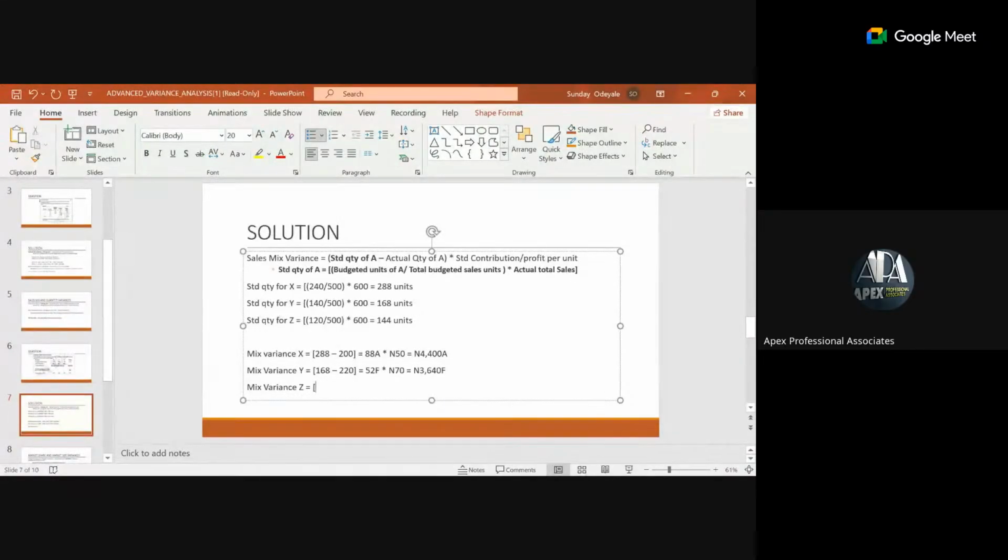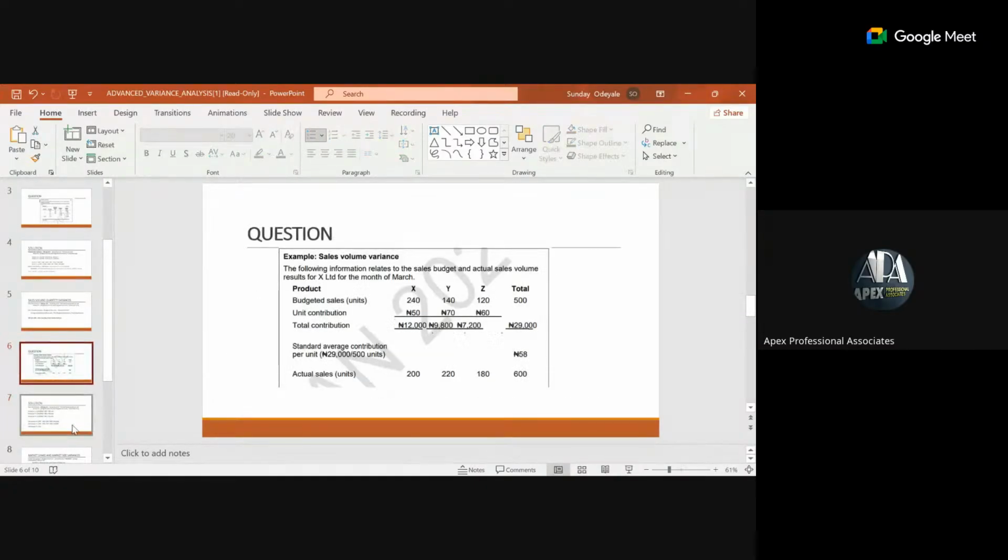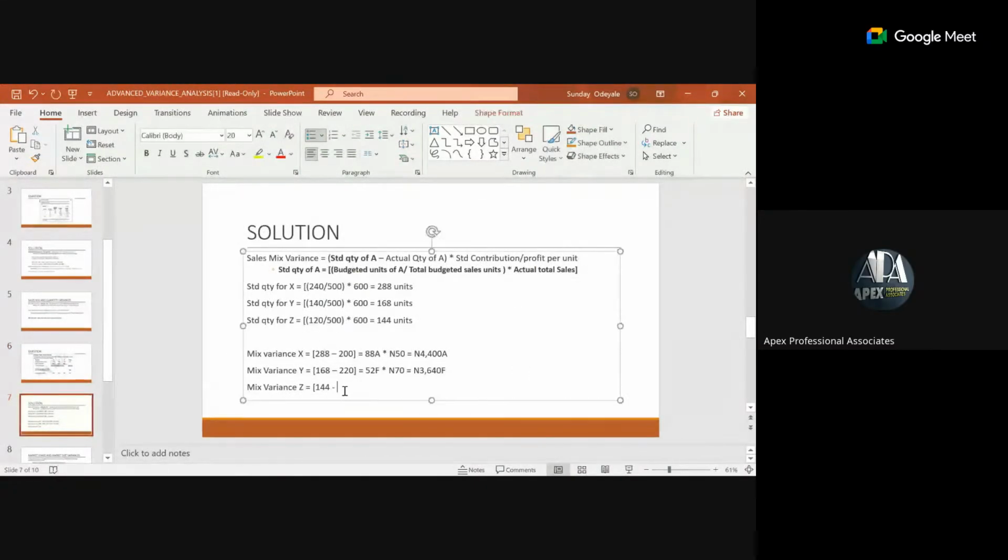And for the last one here, 144 to subtract from 180. That gives 36 favorable.